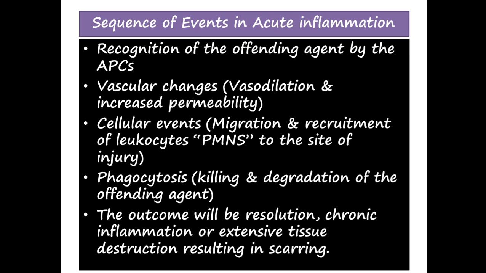And if the person is immunocompromised or there is some problem in the inflammatory response, for example, if the invading agent is very resistant to being killed by the leukocytes or inflammatory cells, or if it is inherently damaging the cells, then the problem will evolve. The acute inflammation will evolve into chronic inflammation, and chronic inflammation always causes extensive tissue destruction that will result in fibrosis and scarring.